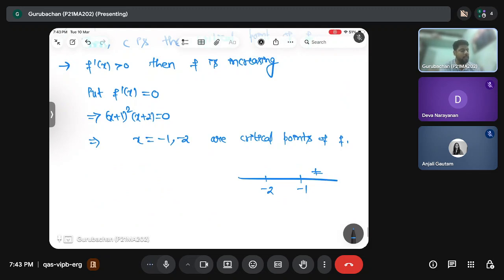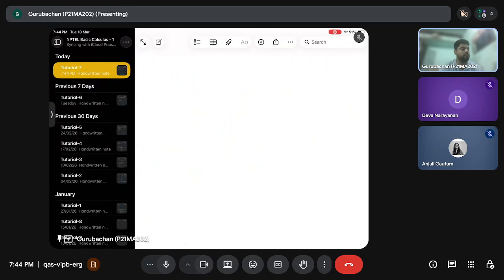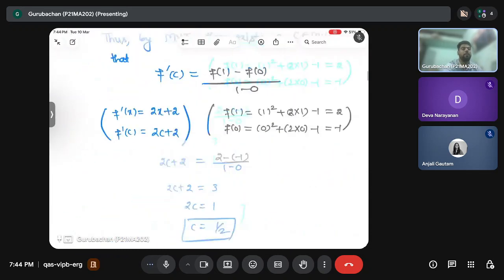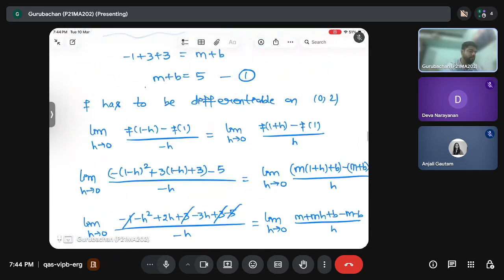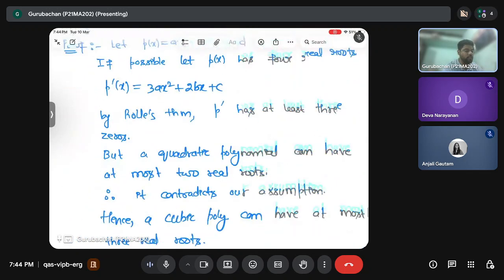So that means after minus 1 the function is increasing. When you are between minus 1 and minus 2, you can put any point, minus 1.5 like that. That will decide the sign of your function.